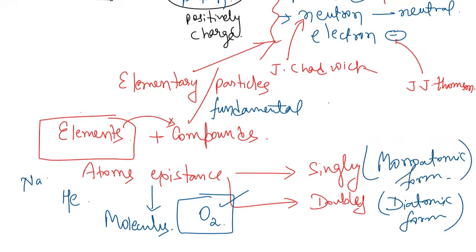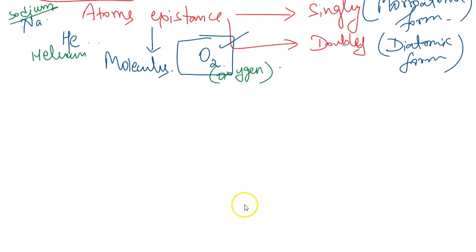So what can be observed here is that instead of writing the complete name of the element, I used certain representation. For sodium I used Na, for helium I used He, for oxygen I used O2. So there are representations for different atoms. In fact, for different elements there are representations.